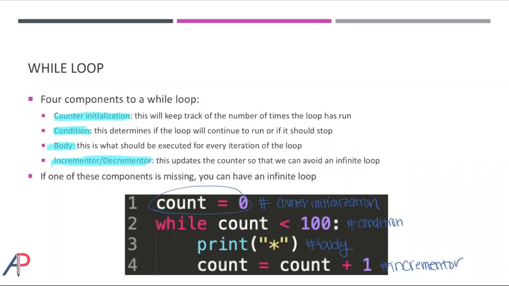If the line count equals count plus 1 is gone, then nothing updates count. Count will stay 0 forever. 0 is always less than 100, and now you have an infinite loop, because count will always be less than 100, so it always prints out the asterisk. And now you have your program running forever and ever until either you manually stop it or your computer decides that's enough.